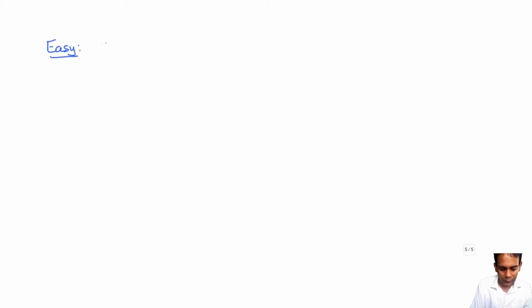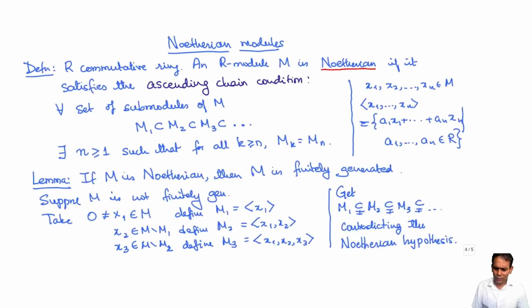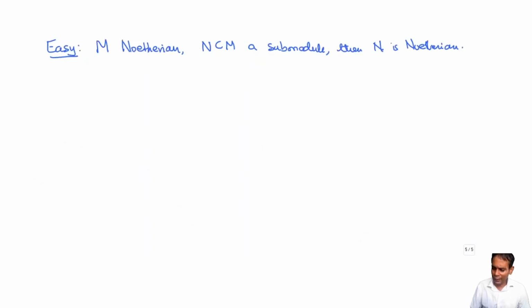Here's something that's easy to see: if M is Noetherian and N is a submodule, then N is Noetherian. That's the very nature of this condition.